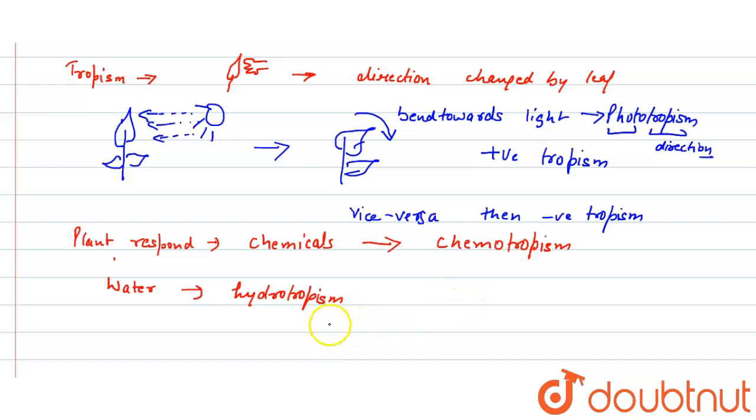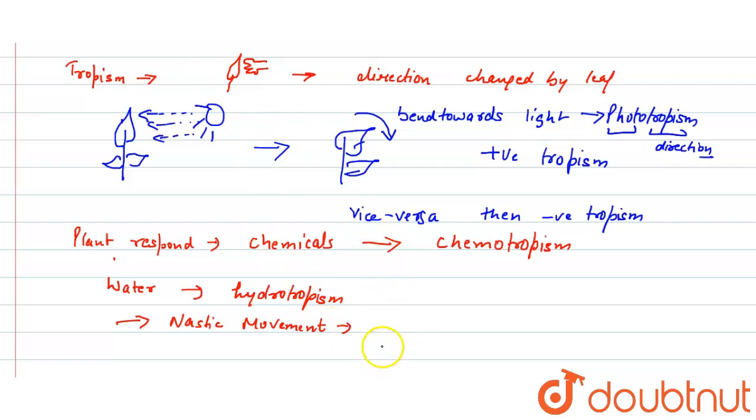And if the direction is not with respect to the stimulus, like either it is not in the direction, not opposite the direction, then we can call that term as nastic movement.